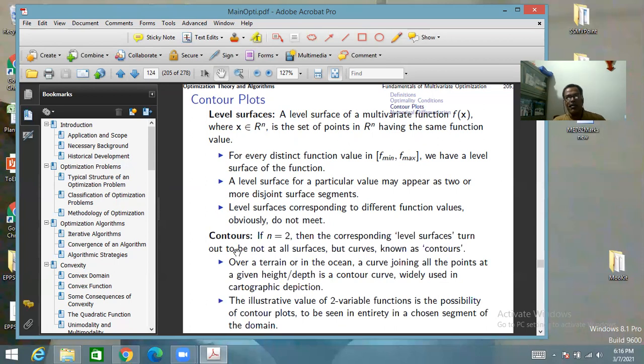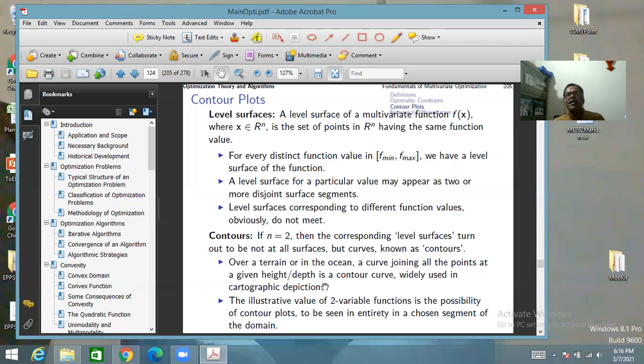And contours are well known, very famous for a long time, and have been used in cartographic depictions. So, over a hilly terrain or in the ocean, all the points which have the same height or the same depth connected together give you a contour curve.